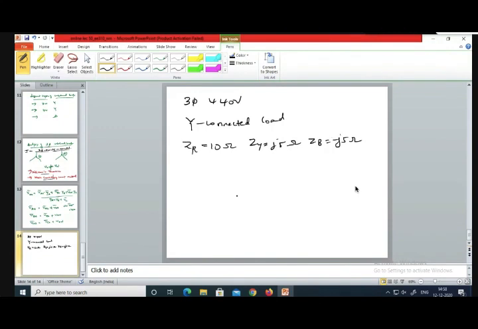Calculate the voltage drop in each phase and the potential difference between the neutral and the star point.